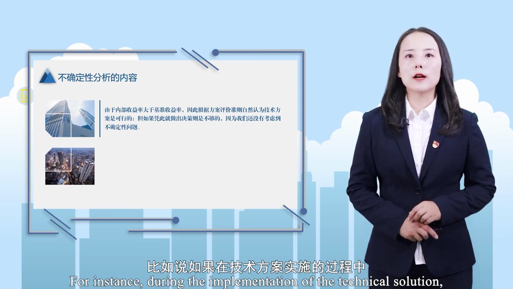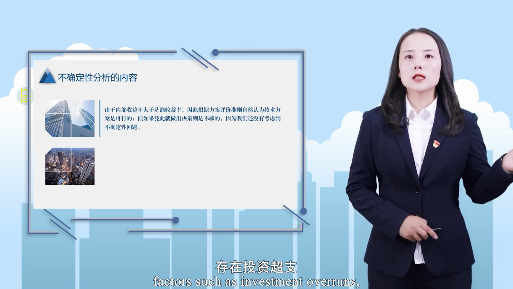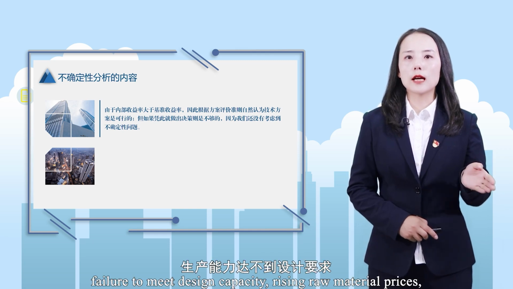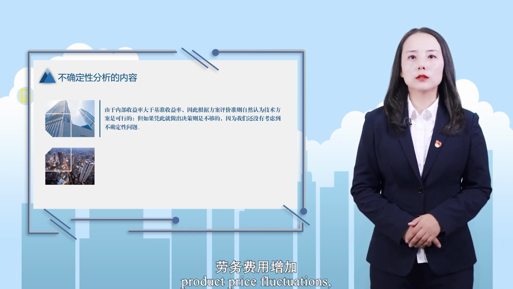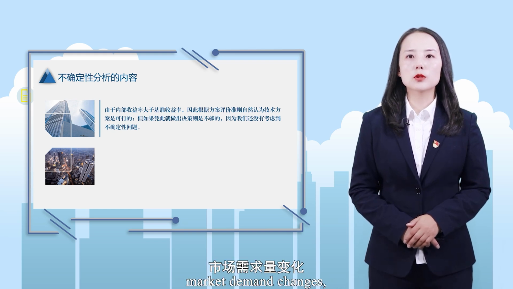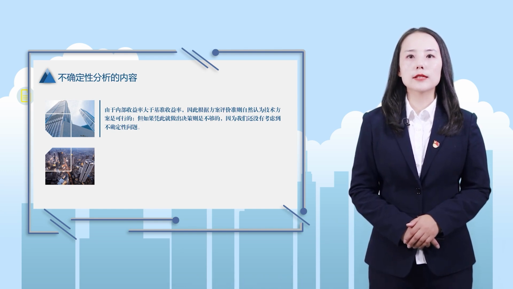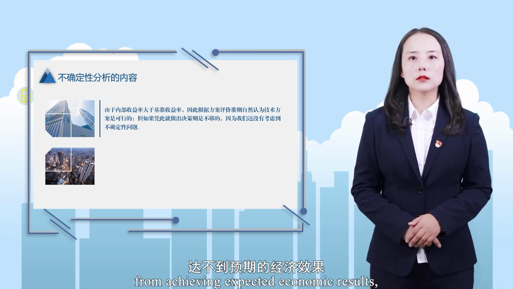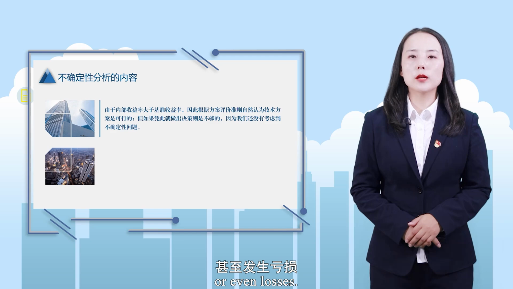For instance, during the implementation of the technical solution, factors such as investment overruns, prolonged construction periods, failure to meet design capacity, rising raw material prices, increased labor costs, product price fluctuations, market demand changes, loan interest rate changes, etc., may all prevent the technical solution from achieving expected economic results, leading to a decline in the IRR, or even losses.